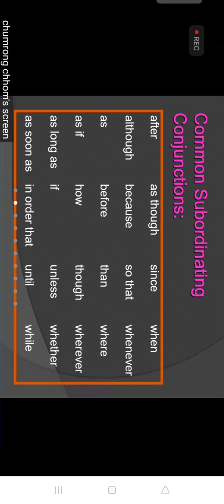These are called subordinating conjunctions. They are used with adverb clauses. You know what? Among the three kinds of clauses, adverb clause has the most subordinating conjunctions. You will learn later why there are a lot of these.